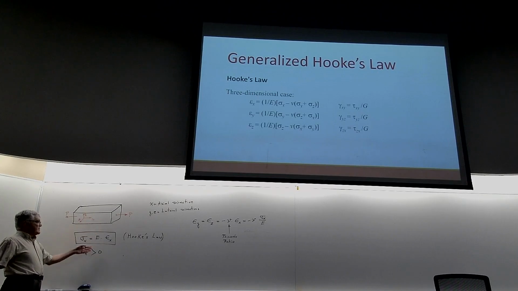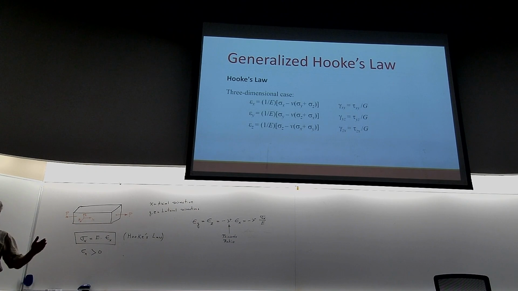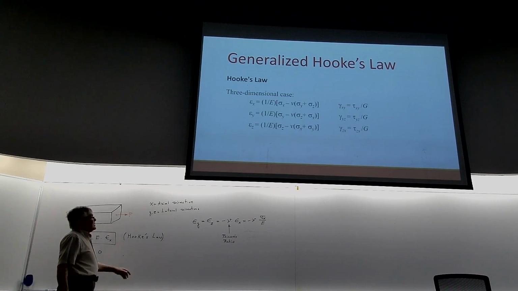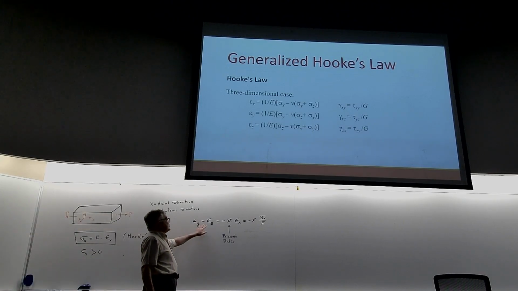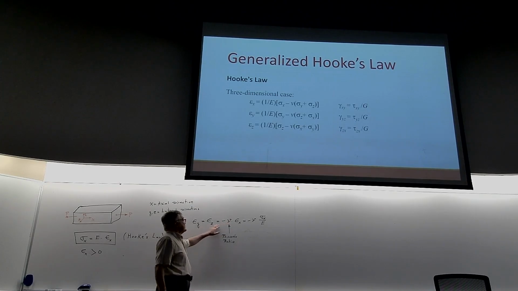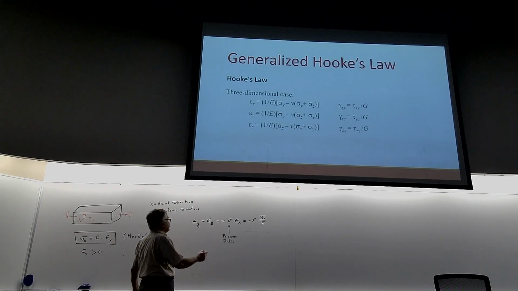Clearly for this case, epsilon x will be positive because the material will get longer in the x direction, but the cross section will shrink in size according to this equation, which is really the definition of Poisson ratio.